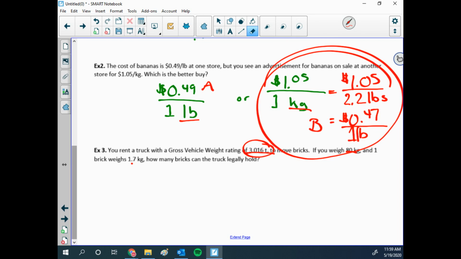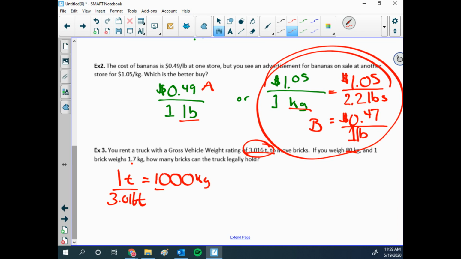On my formula sheet, it says 1 ton is about 1,000 kilograms, if we're using that unit. So this truck is 3.016 tons. How many kilograms is it? I would cross multiply and divide, which tells me the truck is about 3,016 kilograms. So that's my truck weight.